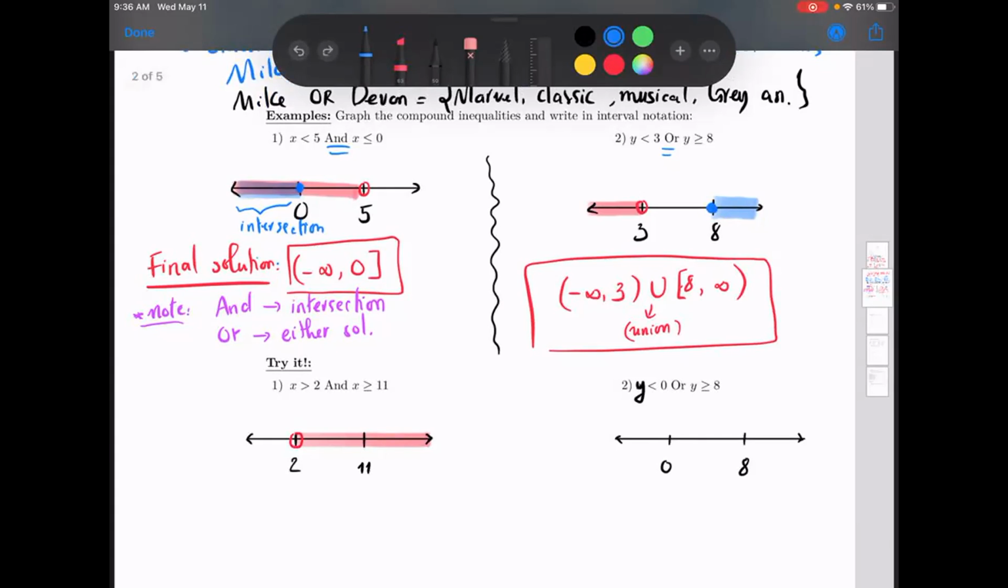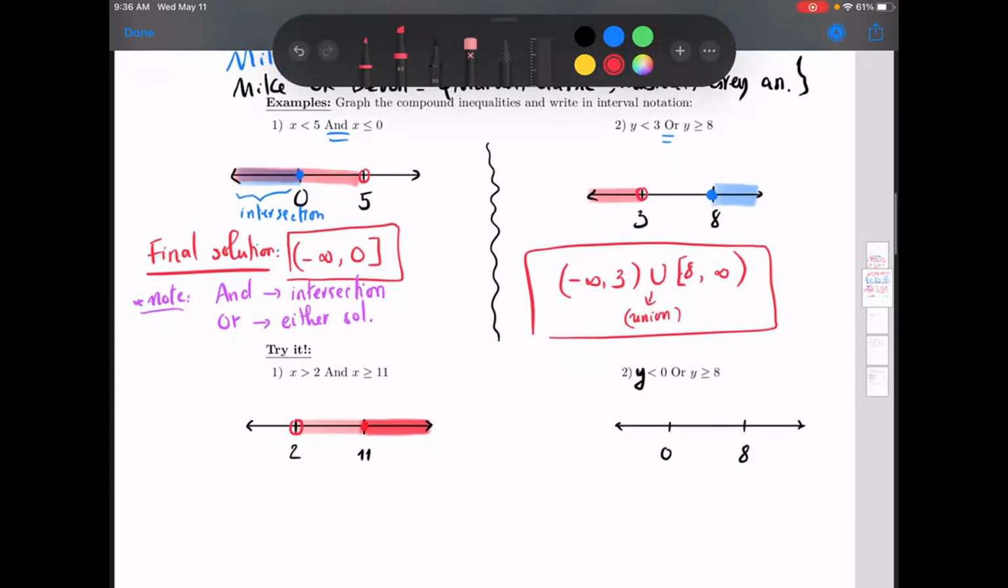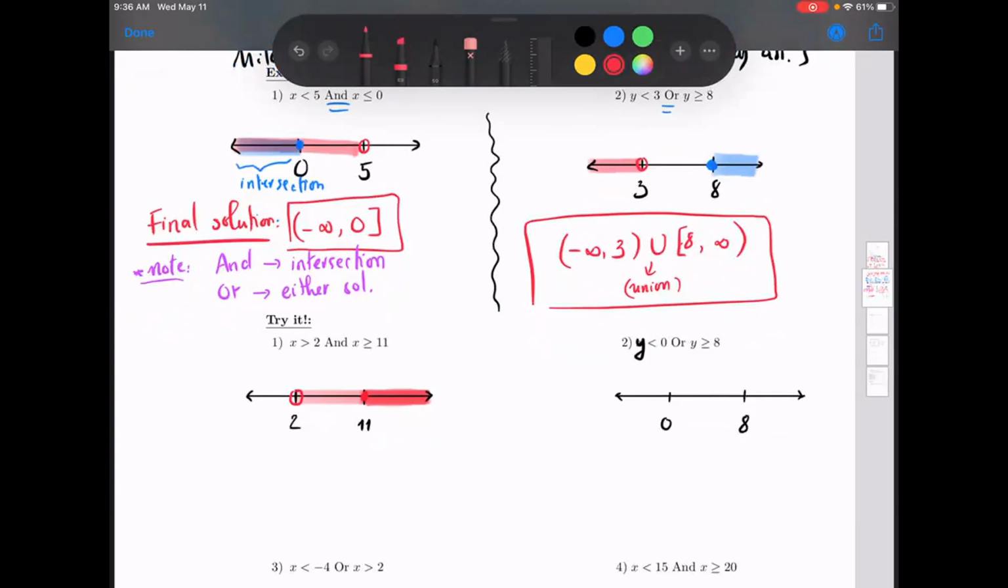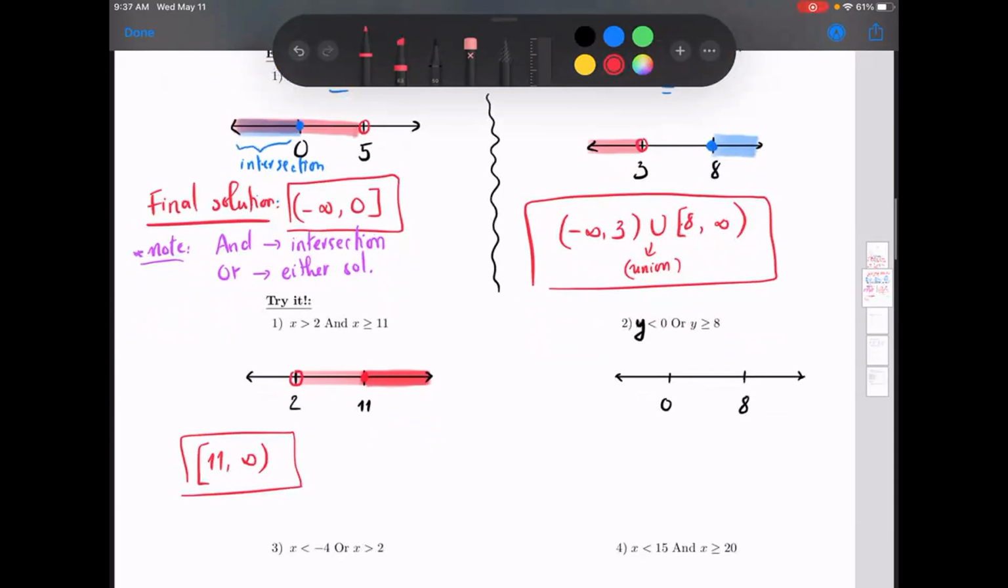I'm going to use red for both so I can see the darker shade. So the solution will be the intersection, because it's an and. It's from 11 to infinity. Again, at infinity, you always use parentheses no matter what. 11 is included, so bracket. Good. You got it right, give yourself a bonus check mark.